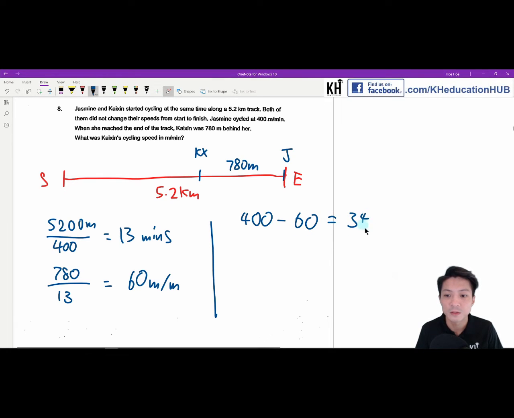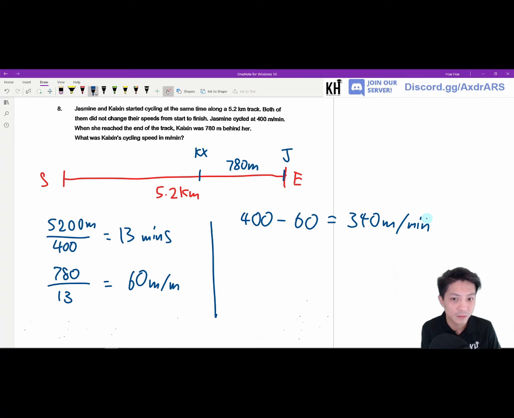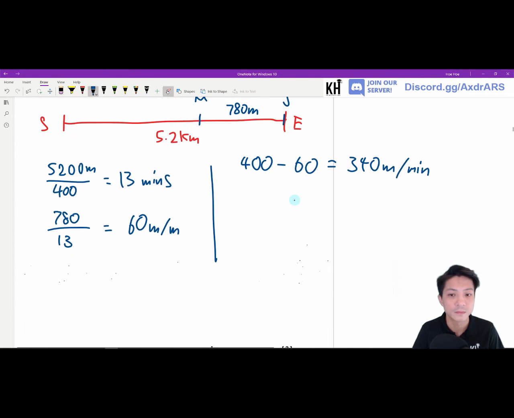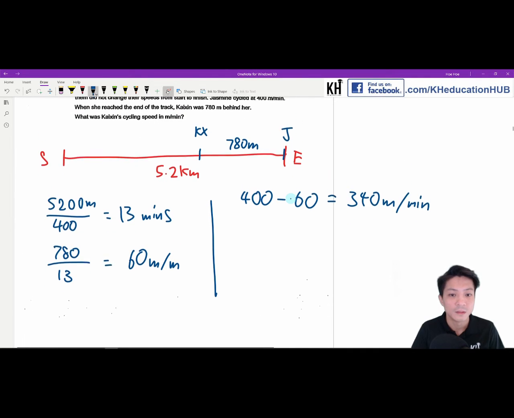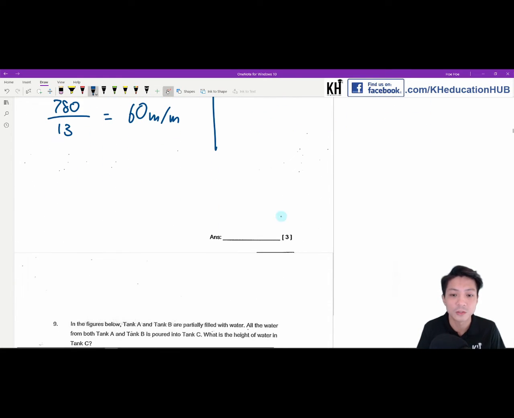It's going to give me 340 meter per minute. Yep, this is correct. 340.